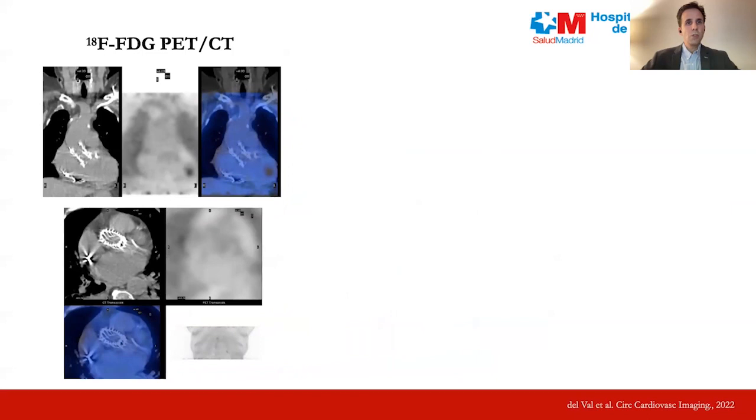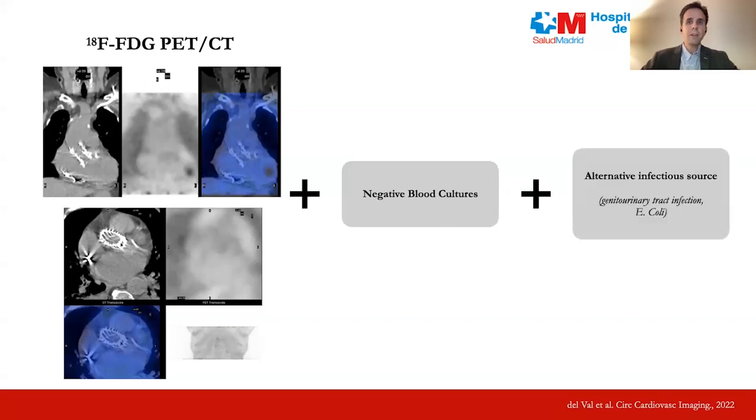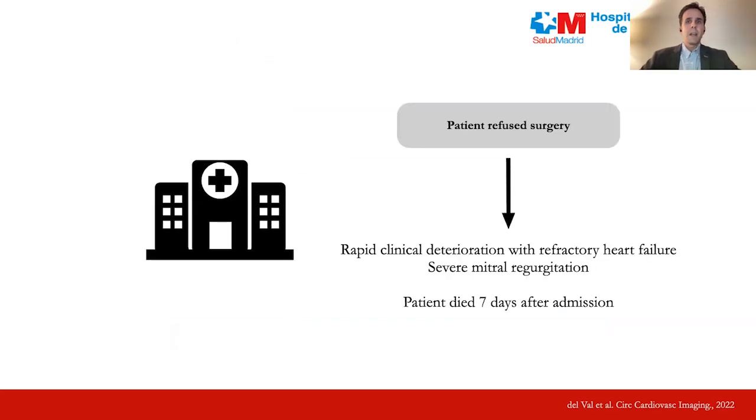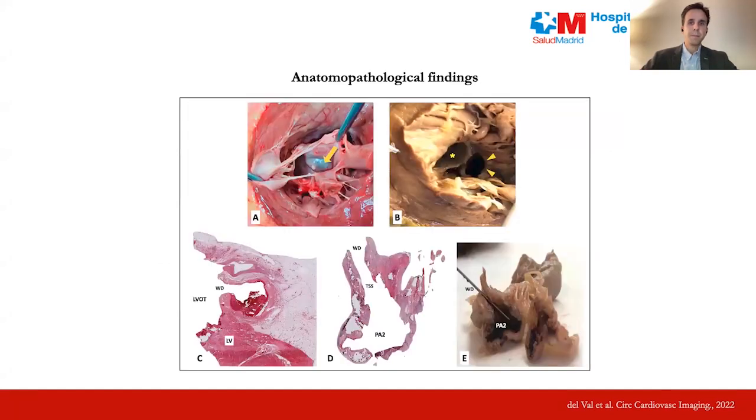In addition to this normal PET CT, the blood cultures were negative, and finally, we identified a urinary tract infection as the cause of fever. So the diagnosis of acute infective endocarditis was finally rejected. The patient refused surgery, and despite an initial clinical improvement with medical therapy, the patient had a rapid clinical deterioration with refractory heart failure and severe mitral regurgitation, and she died 7 days after admission.